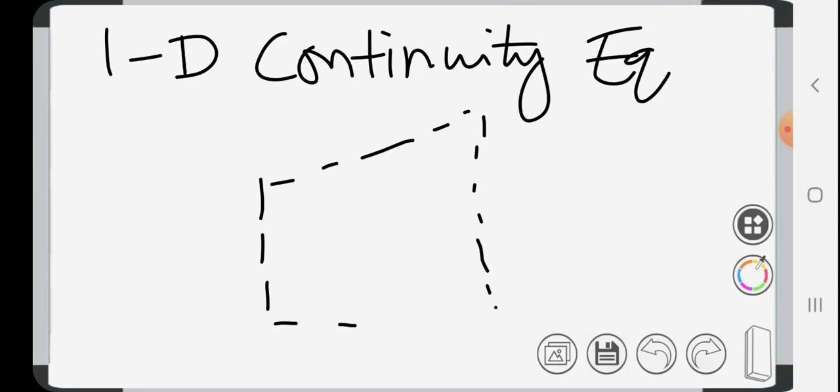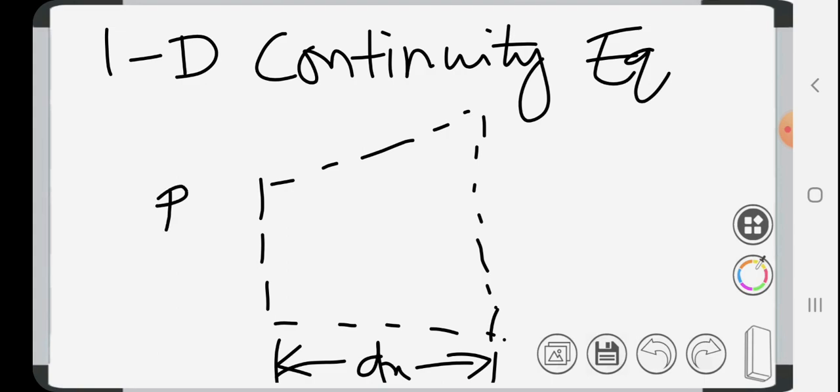So let this be a differential control volume with the length dx.